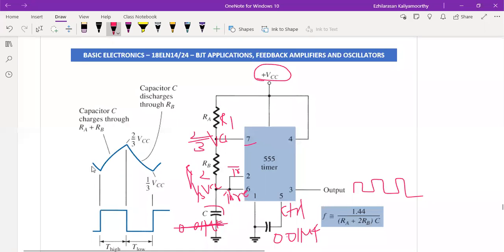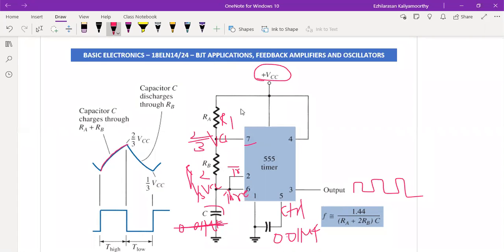We see the capacitor voltage rises until it reaches 2/3 VCC. See this figure, the capacitor charges up to 2/3 VCC. Now this voltage is the threshold voltage at pin number 6, which drives comparator 1.